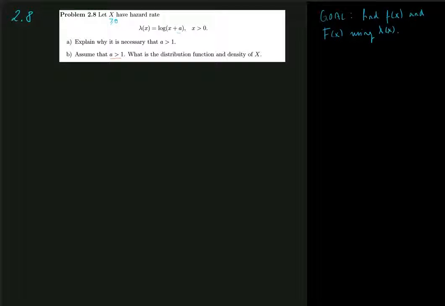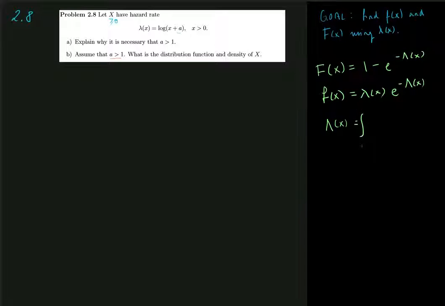According to 2.9 in the book, the distribution function is given by 1 minus e to the minus capital lambda of x, and the density is given by the hazard rate multiplied by e to the minus capital lambda of x, where capital lambda of x is given by the integral from 0 to x of the hazard rate. This is pretty much what we have to do for the exercise, and then we just need to calculate.